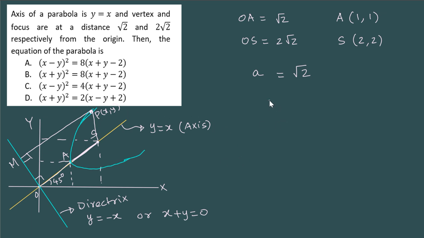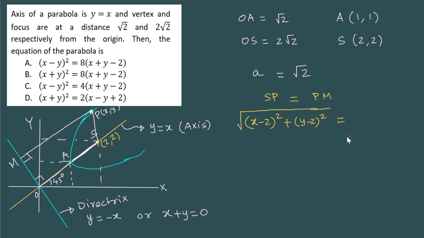So let's do that. SP is equal to PM. How do I get SP? It is the square root of, we need to use these coordinates, the focus is at 2 comma 2, so I have x minus 2 whole square plus y minus 2 whole square.